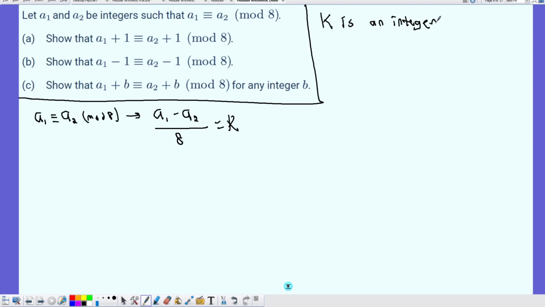We have used this property extensively already, so I'm not going to dwell upon it for too long. We know that that's true.